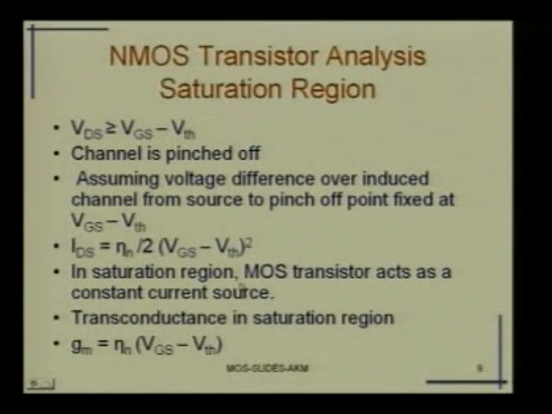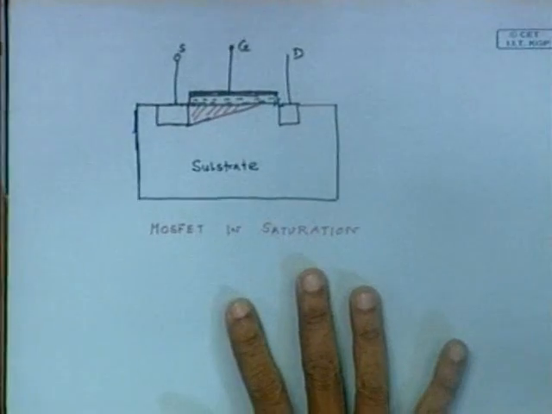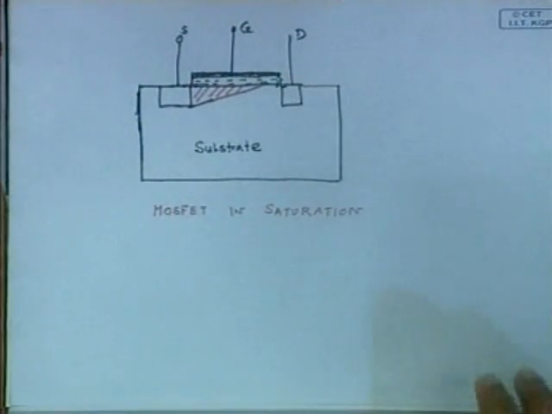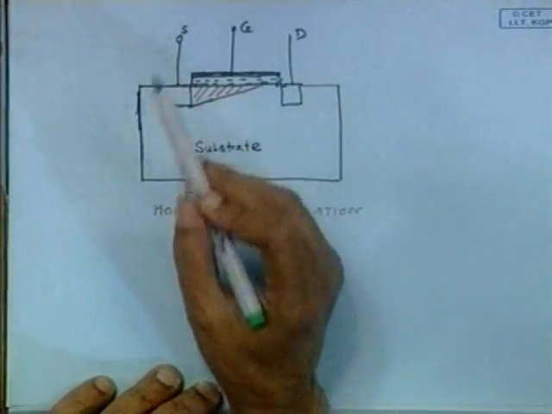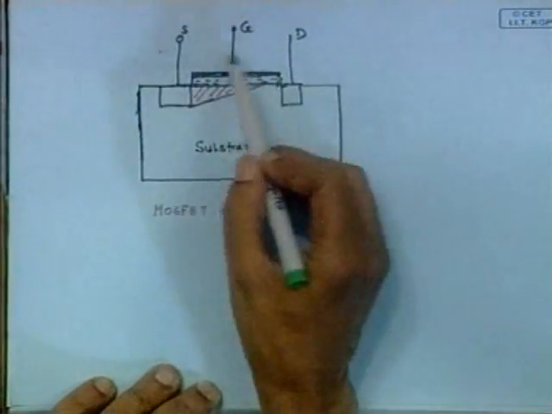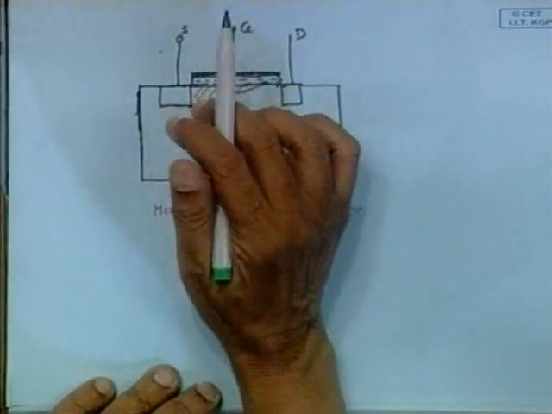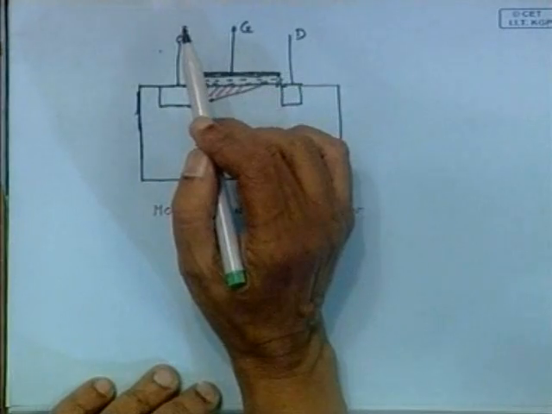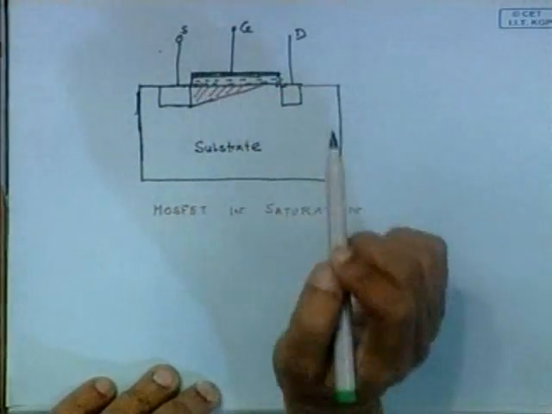Now, we will come back to the saturation part. So, again let us look at what happens slowly. Now, as I go on increasing the voltage between the drain and source, assume that you have given sufficient voltage to the gate, so that a channel is formed.